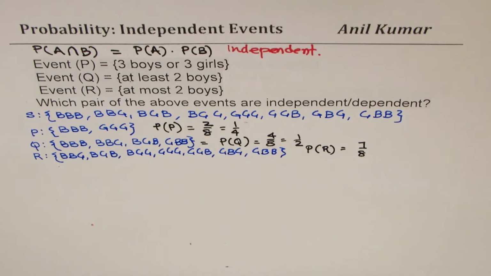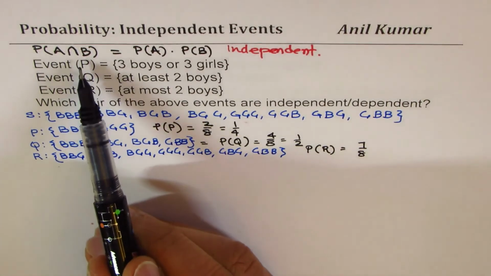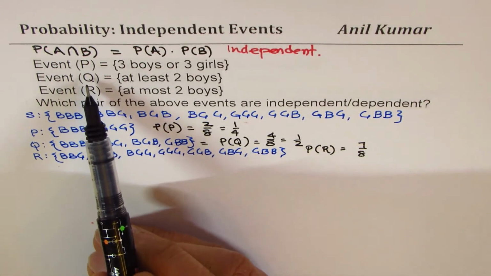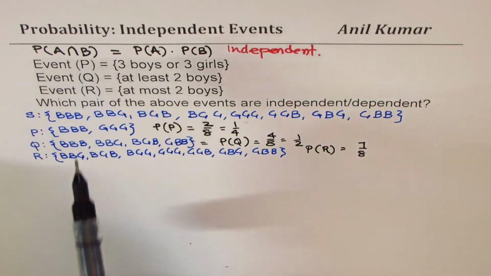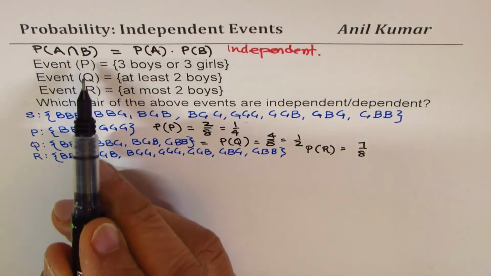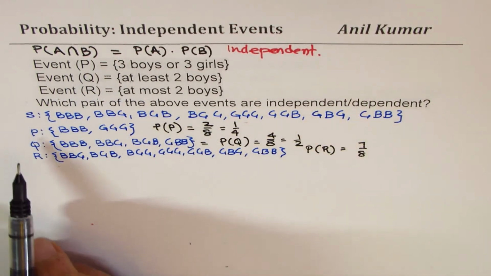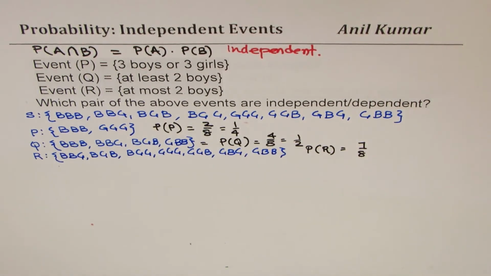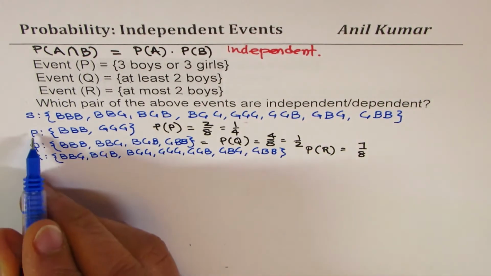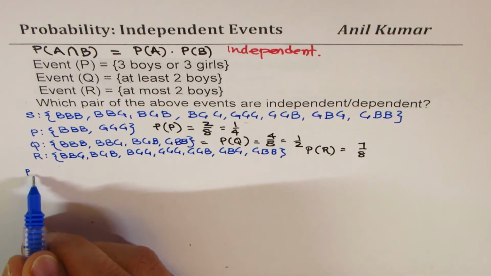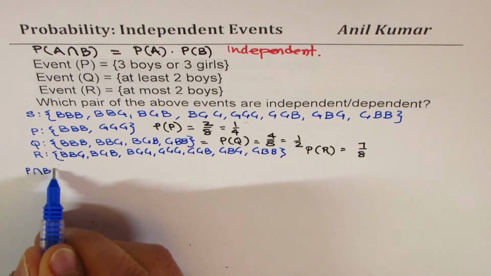Now the idea is to figure out whether P and Q are independent or not. So what we do here is that we'll see the intersection of P and Q. So let me also write down the intersection of P and Q. So what is common between P and Q? That is the intersection, is it okay?